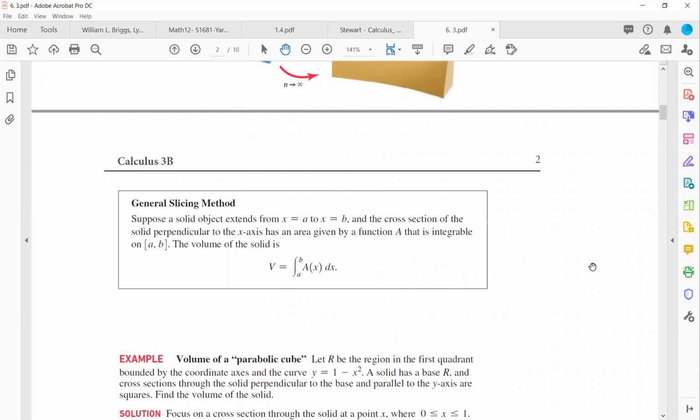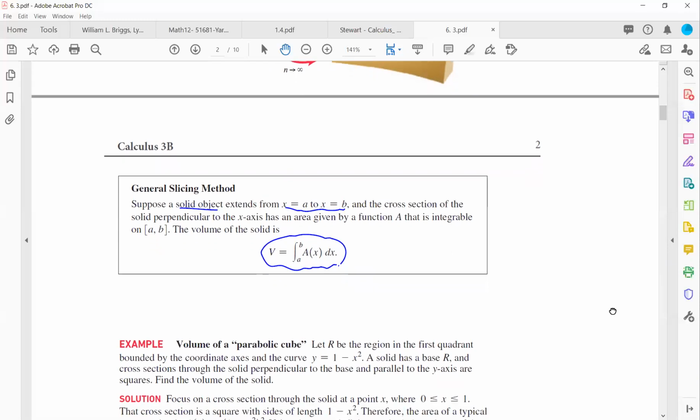General slicing method. So we just learned that if we have a solid object which extends from A to B on x-axis, and the cross-section of the solid perpendicular to the x-axis has an area given by function A of x, then the volume of the object can be calculated using the integral of area function when x ranges between a to b.